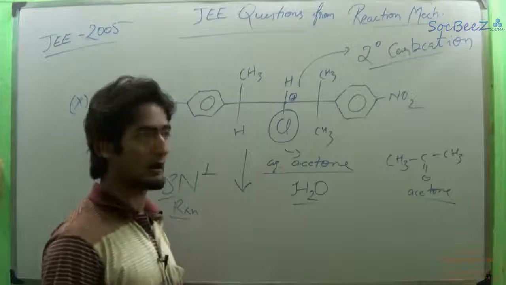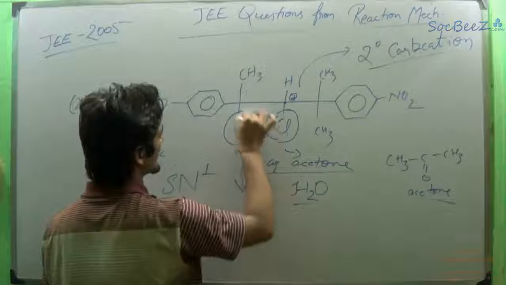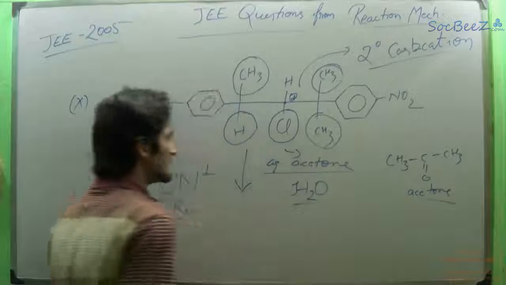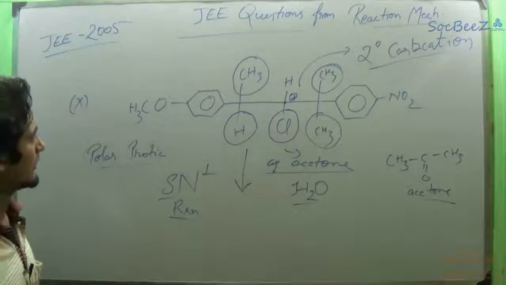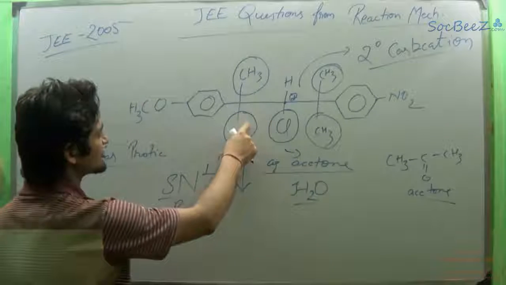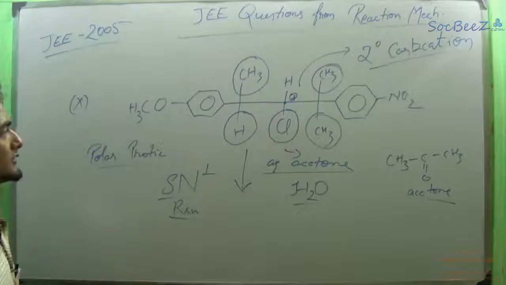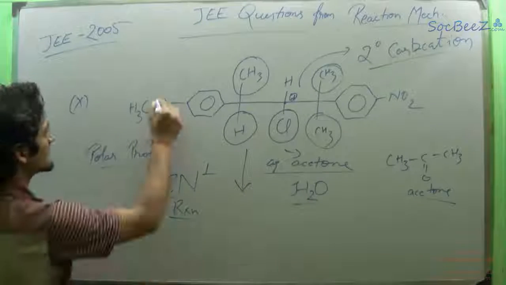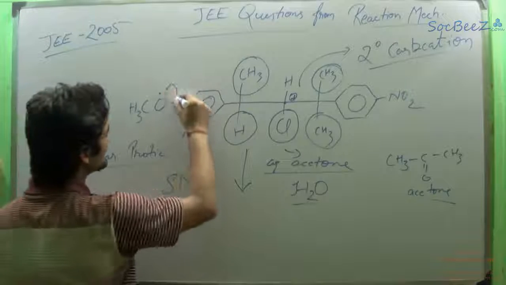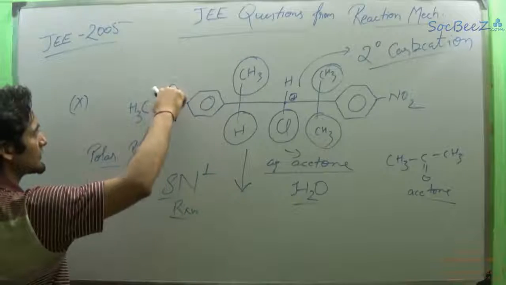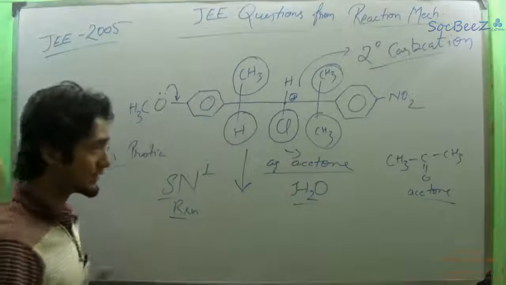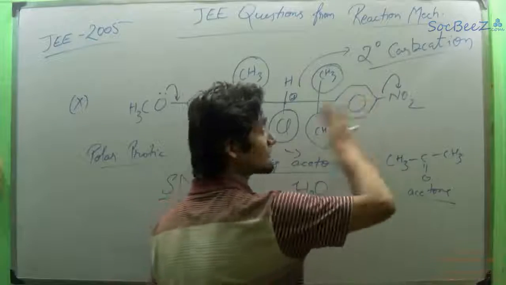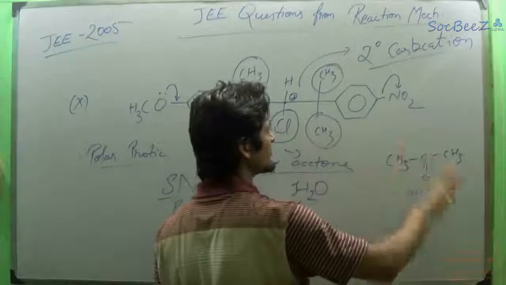What are the 4 possible options here to shift? One is this H, one is this CH3, one is this CH3, one is this CH3. Obviously an H shift will be much faster than a methyl shift, and besides that, this benzene ring is pumped by these electrons. This O electron is being pumped into this benzene ring, whereas these NO2 groups are taking electrons from the benzene ring, making it more electron deficient.